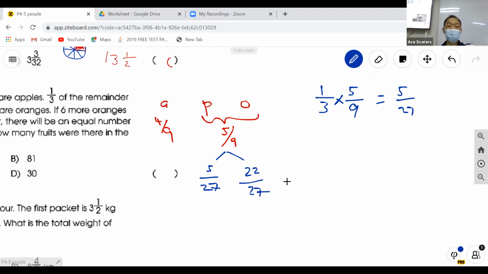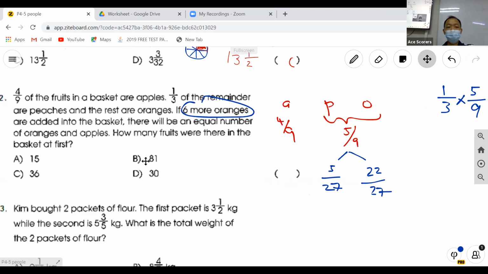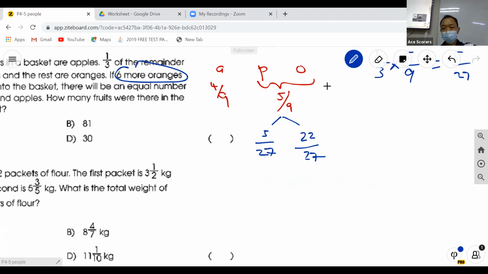Okay, so now we know that there are 6 more oranges. If 6 more oranges are added, there will be an equal number of orange and apple. So this 4 over 9, I also want to change it to 27. When I change it to 27, I get a numerator of 12. So that's times 3 times 3.